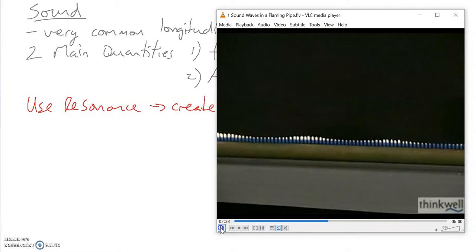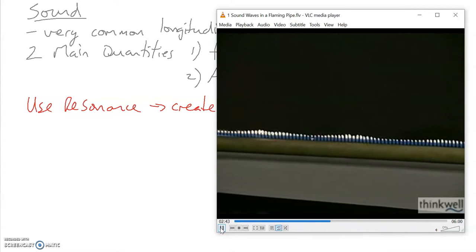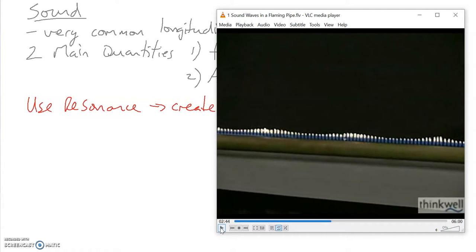This creates resonance. It works really, really well because you can actually see the actual waves inside the pipe, and it shifts a little bit, but you can see the actual structure of where the compressions must be and where the rarefactions must be in order to make this thing work. And this is the idea behind putting standing waves inside of structures to actually create resonance.